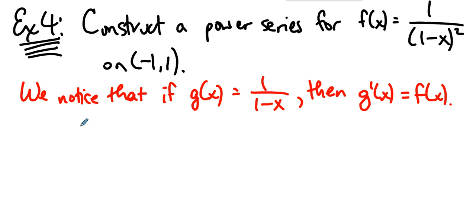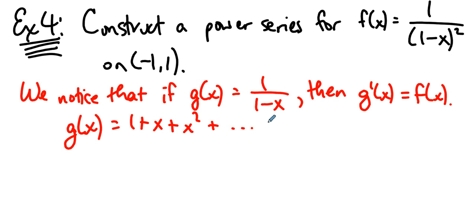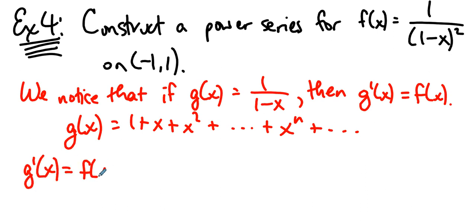So we know that g of x is 1 plus x plus x squared plus and so on, generic nth term, and so on. g prime of x, that's f of x, is the derivative of this thing. And that's 1 plus 2x plus 3x squared, and it goes.